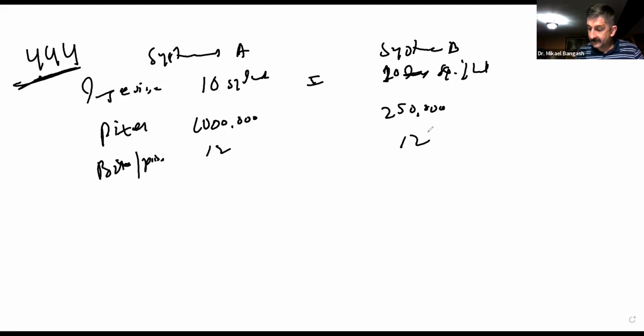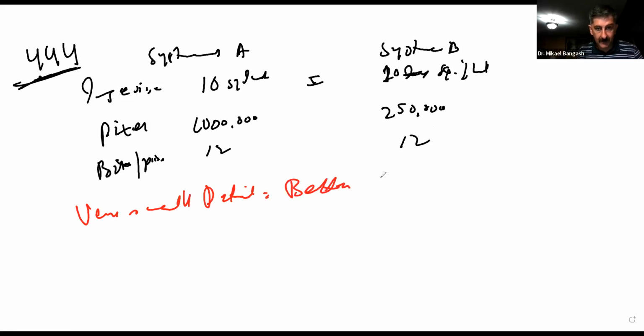Which system is more likely to have the capability to display very small details in an image? What they mainly mean by very small details here is better spatial resolution.